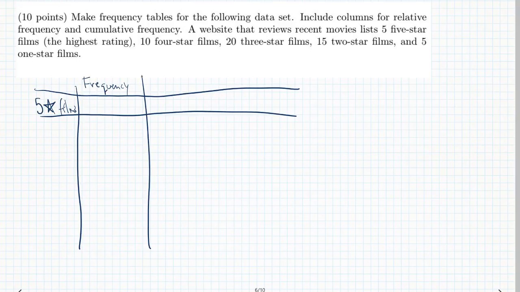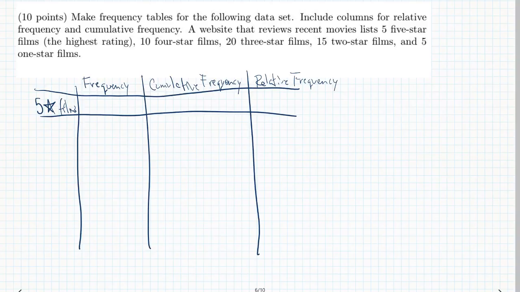I know it calls for relative frequency next, but I'll do cumulative frequency just because that'll be the easiest of the bunch, next to frequency. And then we'll do relative frequency. And then I'll also tell you how to do cumulative relative frequency if it's ever asked of you.